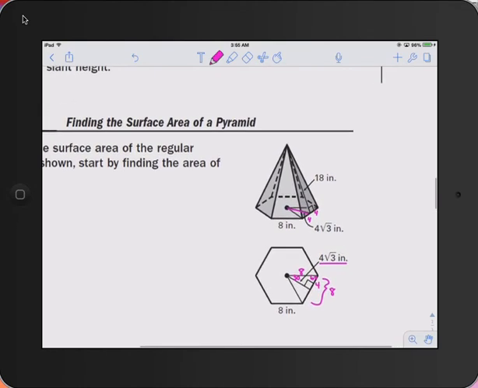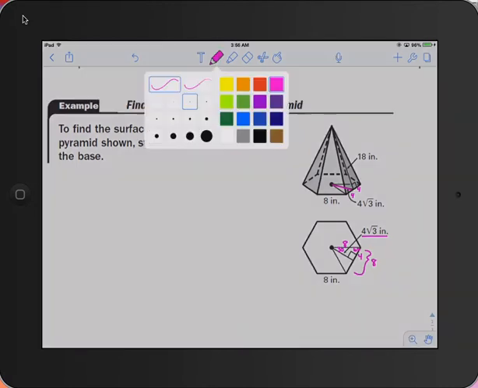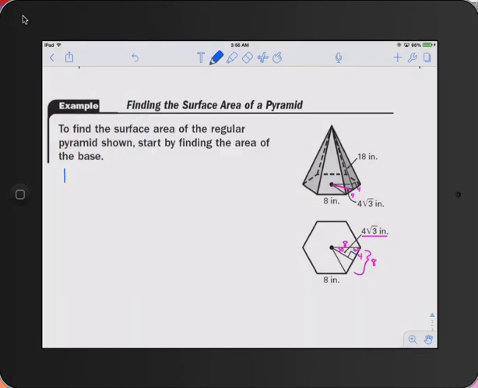Okay, now when we go to find the surface area, I'm going to write the same thing as before. Perimeter would be 8 times 6, which is 48 inches.